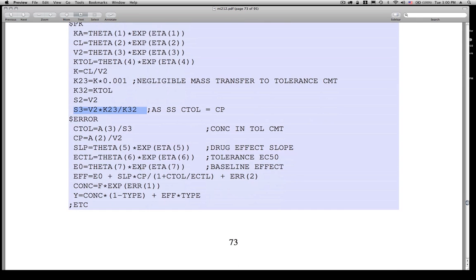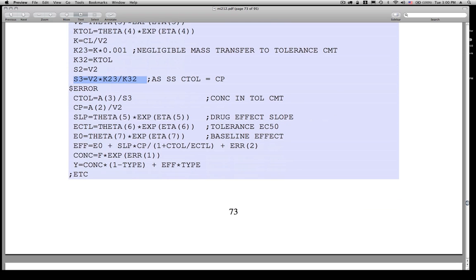It's completely artificial. Now here's the tricky part. Now we're going to specify two different concentrations. C-tol, which is the amount in the tolerance compartment divided by the scale, and CP, the plasma concentration, which is A2, amount in compartment 2, divided by its volume. Okay, that's all fine.